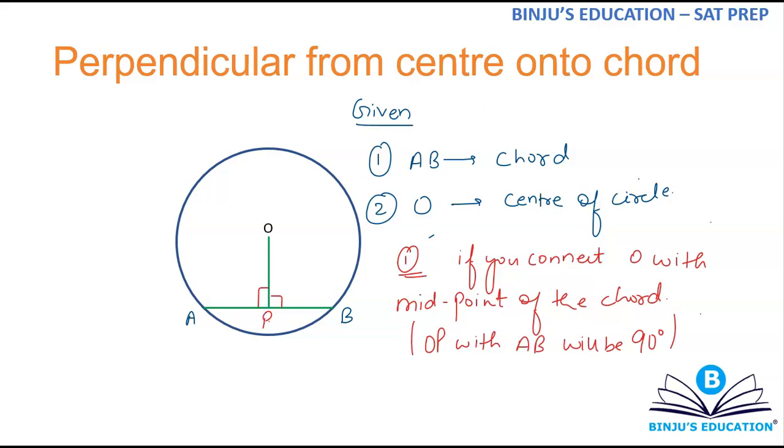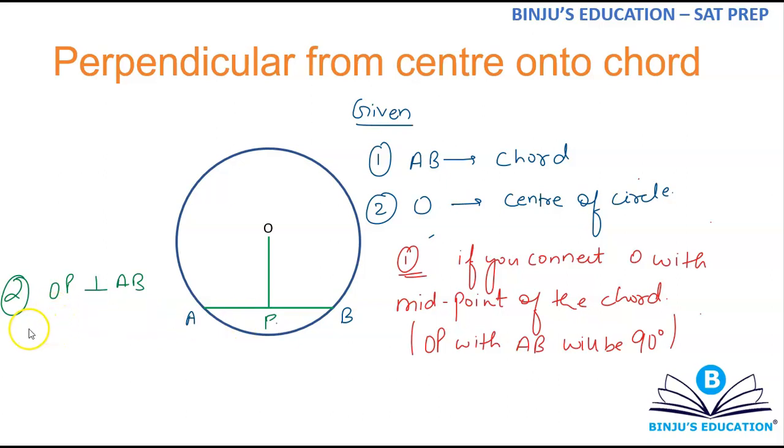That is, the converse is AB is a chord, O is the center of the circle, and let me write the second part here with a different color. And OP is perpendicular to AB.